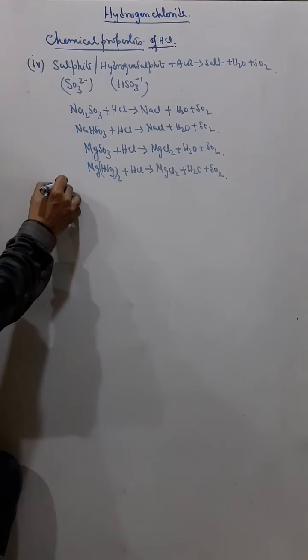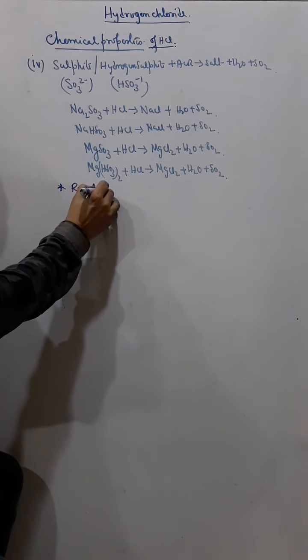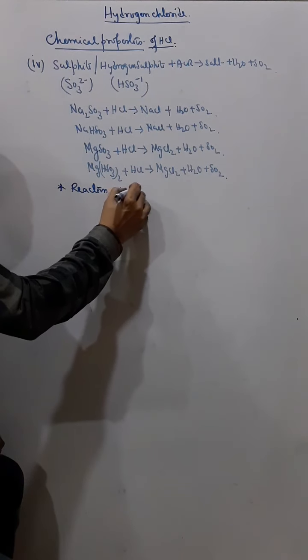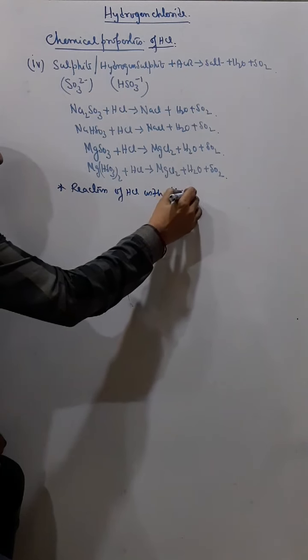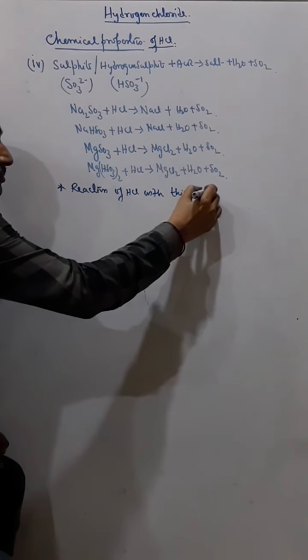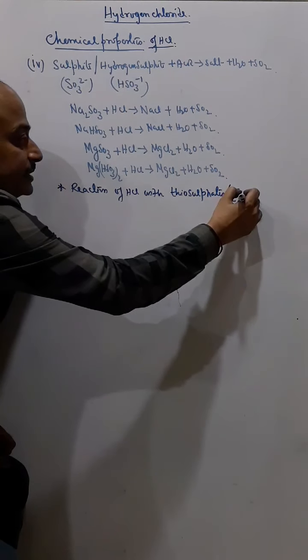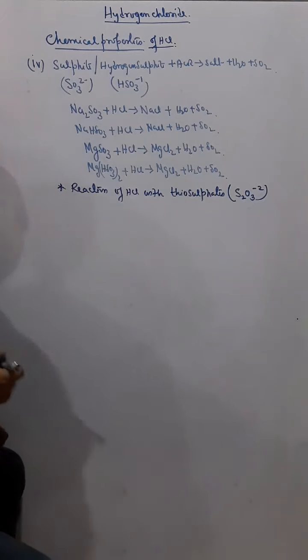Okay, now a very important part is the reaction of HCl with thiosulfates. Now thiosulfates, the formula of the radical is S2O3 2 minus.